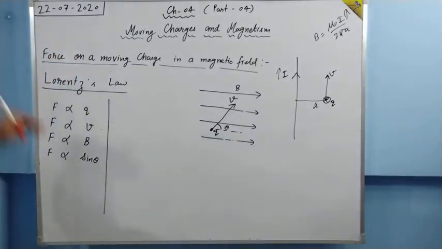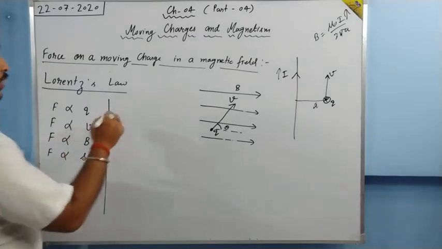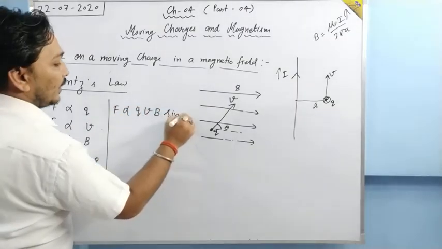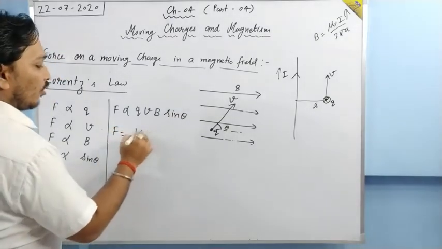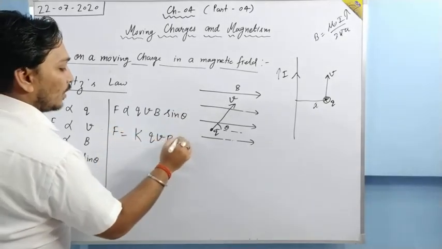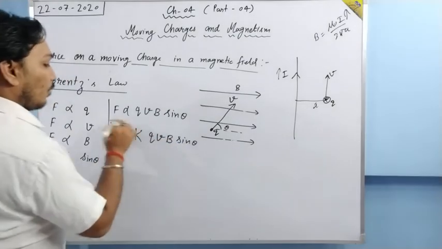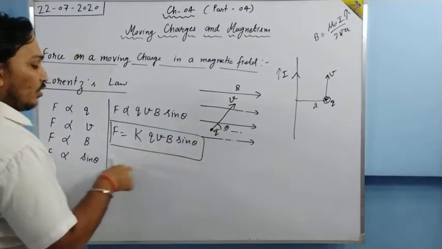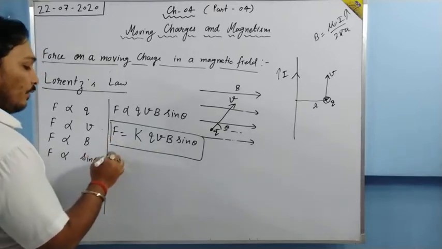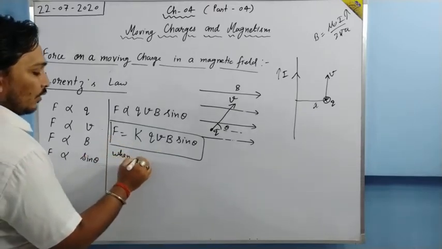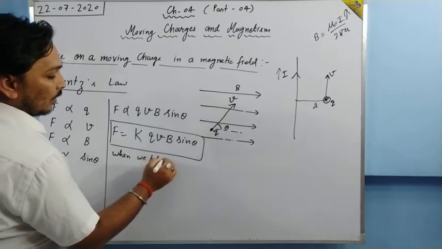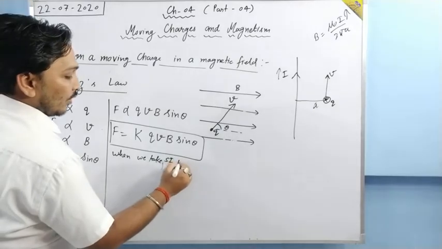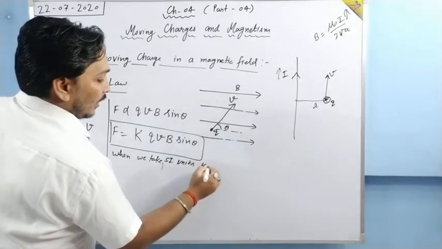Okay. When we combine all of them, what are we going to have? We are going to have F is proportional to QVB sine theta, or F is equal to, say, constant K times QVB sine theta. But further we observe that if we take the dimensions of QVB, it is already equal to F. So basically, when we take SI units, then K comes out to be 1.